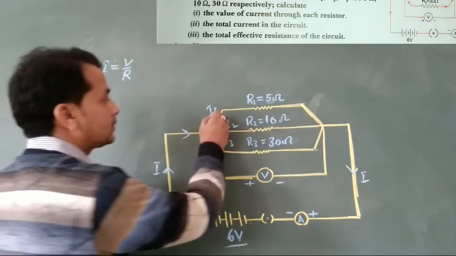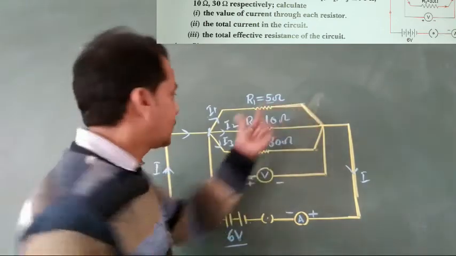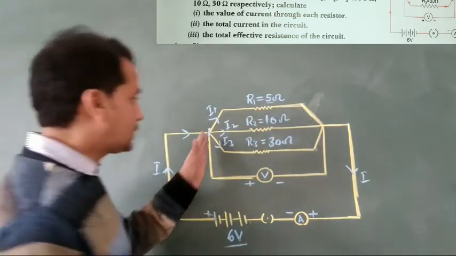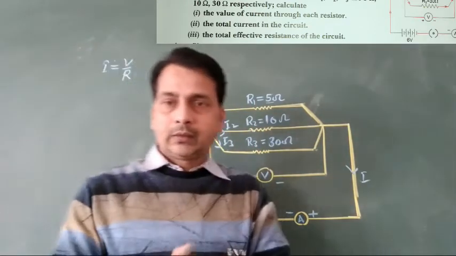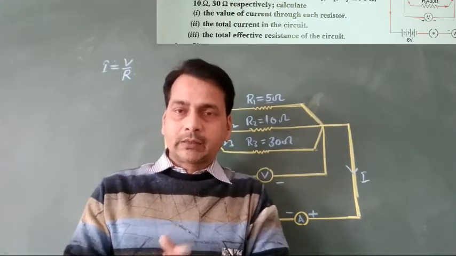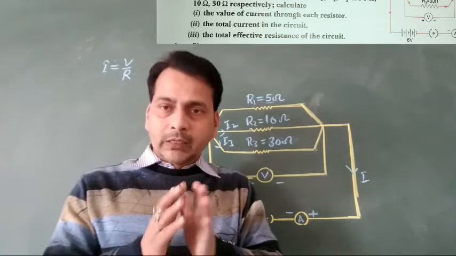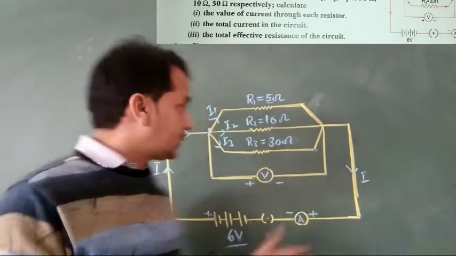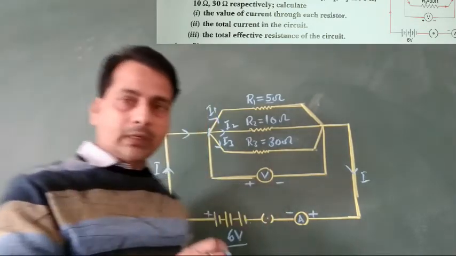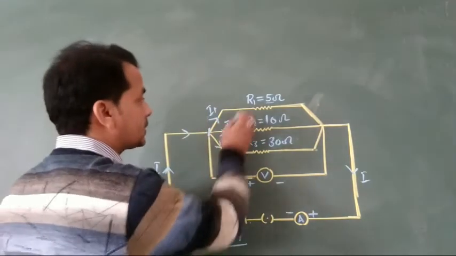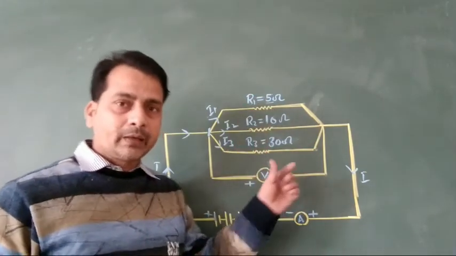We know that in a parallel combination the potential difference is the same, and the electric current is different in each resistor. So the potential difference will be the same across R1, R2 and R3.